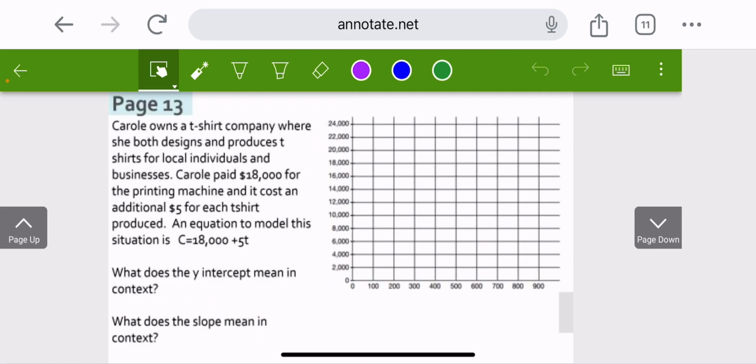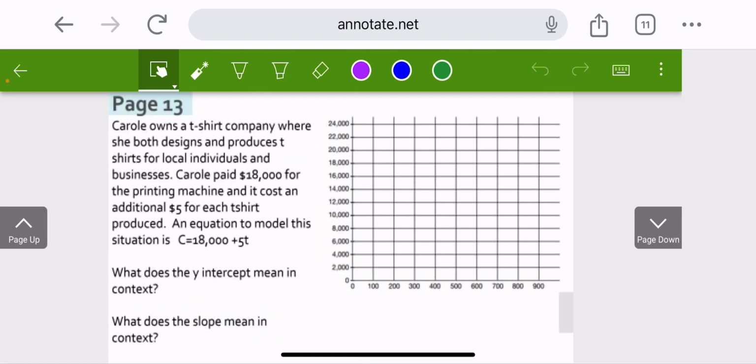Right here, would you go down 5 and over 1? Everybody, do we go down or up? Up. And my next question is, it's going to go up. So what's it count by here? That's 2,000. So are we able to go up 1? Are we able to go over 1?